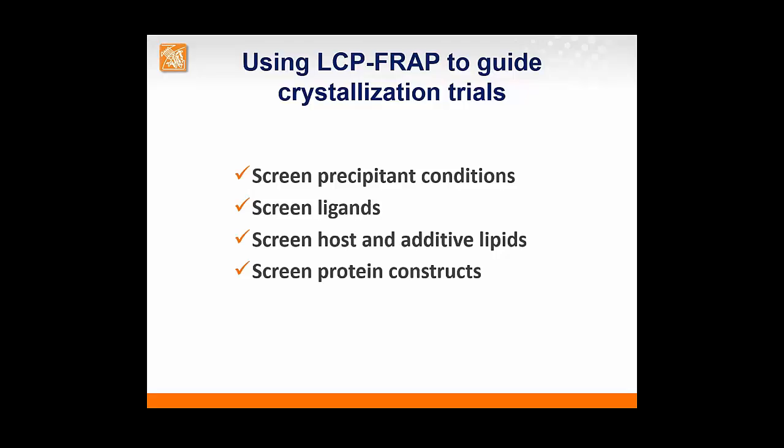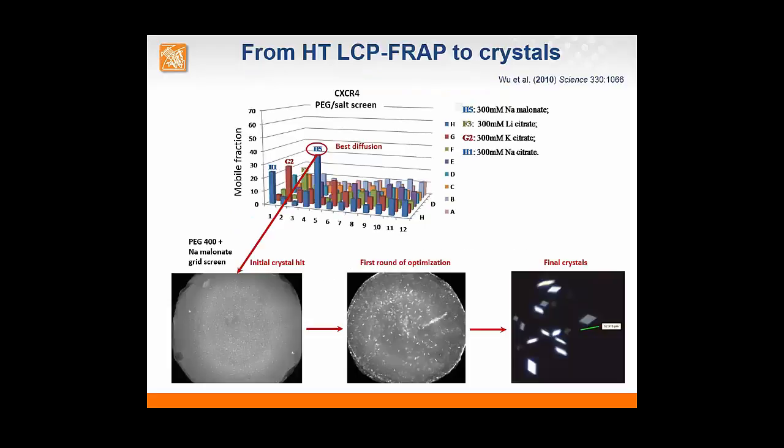We screen for host and additive lipids, and we also screen for different protein constructs. And I'll show you a few examples of using LCP FRAP assays for guiding crystallization trials of G-protein coupled receptors. The first example is a fairly old one of a CXCR4 chemokine receptor.